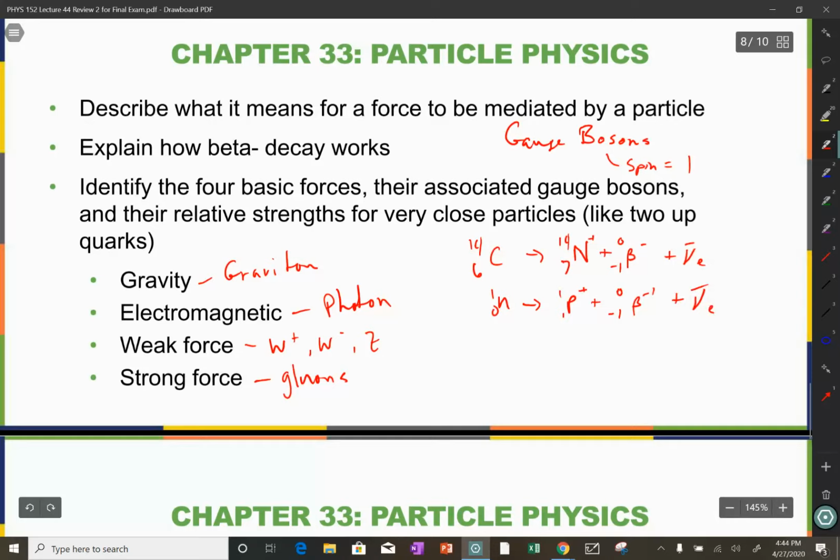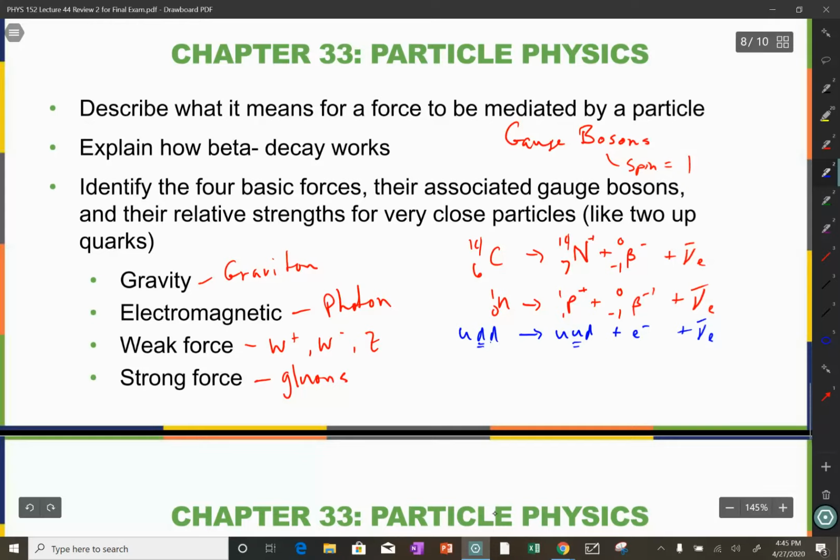But now when we look at the particle physics, we have a neutron, which is an up, down, down, producing an up, up, down, plus the electron, plus the anti-electron neutrino. So the way I made it was the middle down decayed into an up and this electron, the electron neutrino.